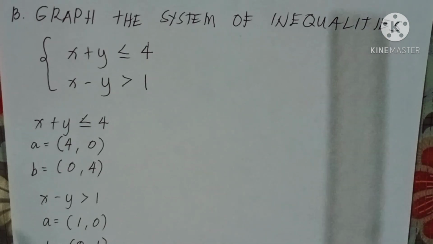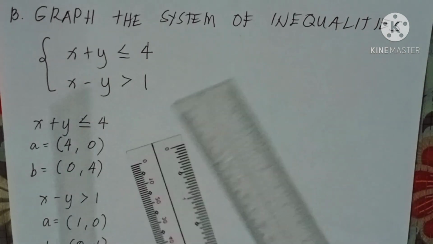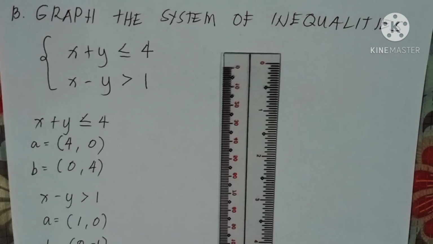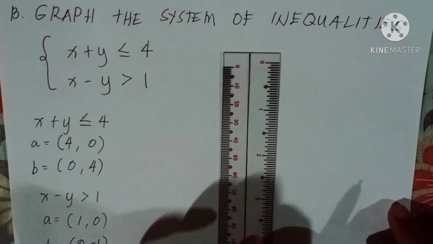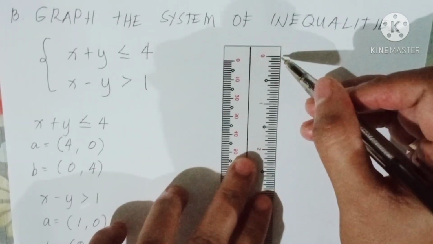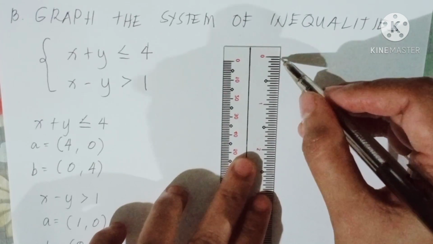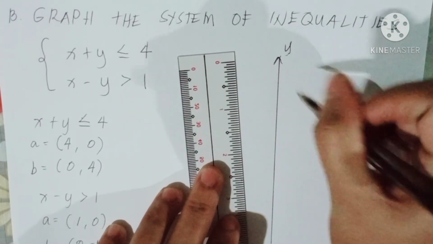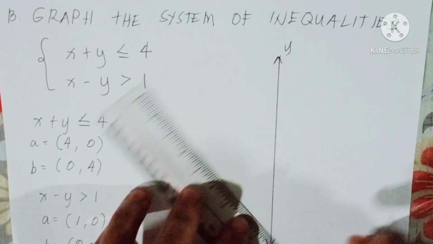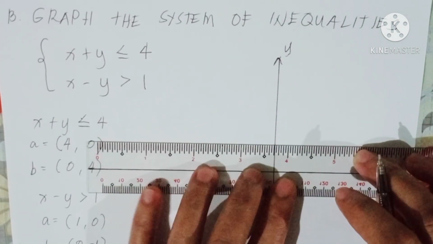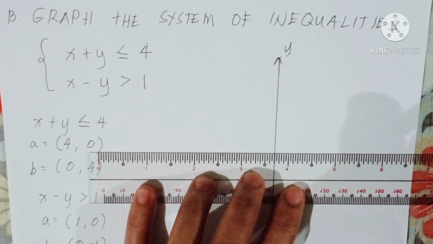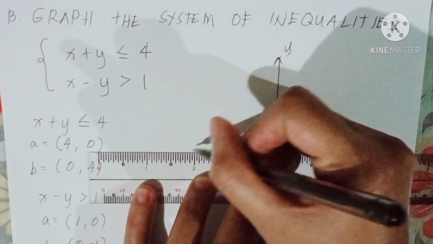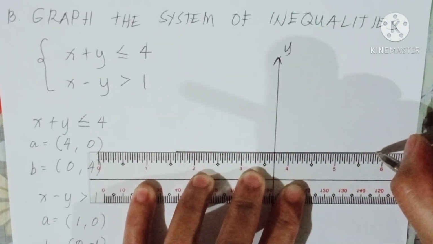Okay, let's draw a partition plane. So we have 4, 4 on x and the y. So let's draw the partition plane. So y, and then we have 1, 1 on 4, 4, then 1, 1.